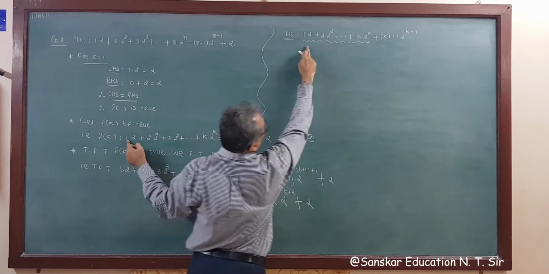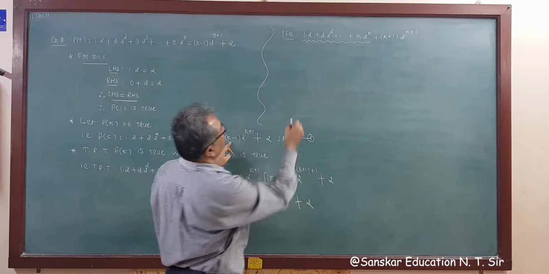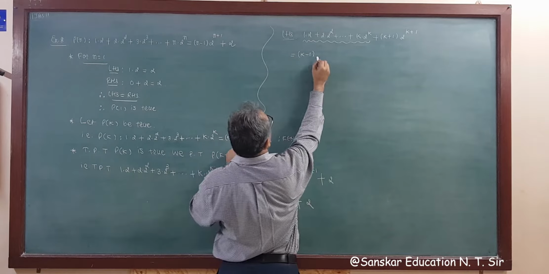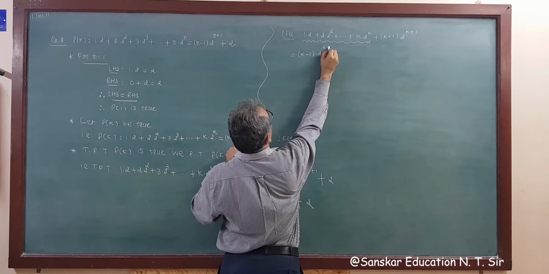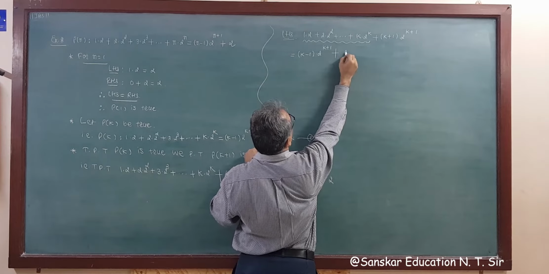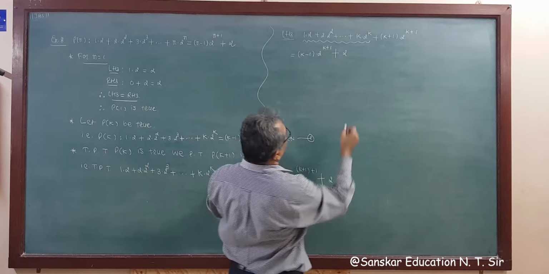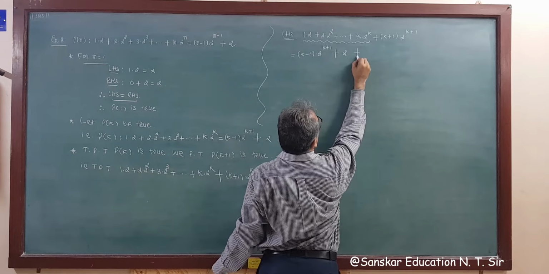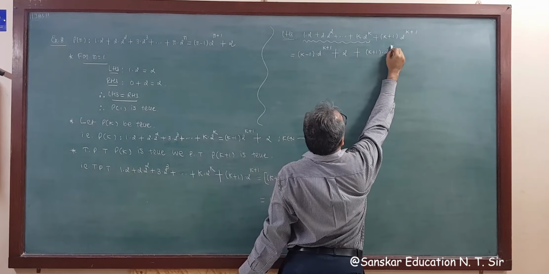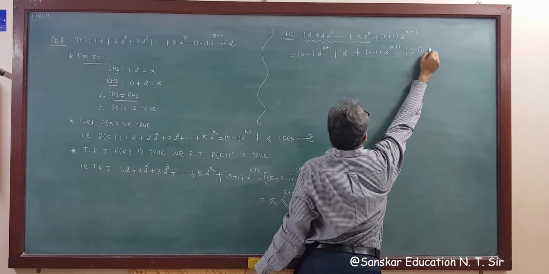See, all these terms are same. So answer of this is (k minus 1) into 2 raised to k plus 1 plus 2. I am writing plus big sign because these two terms are different, and then remaining term will be plus (k plus 1) into 2 raised to k plus 1. This is because of 1.